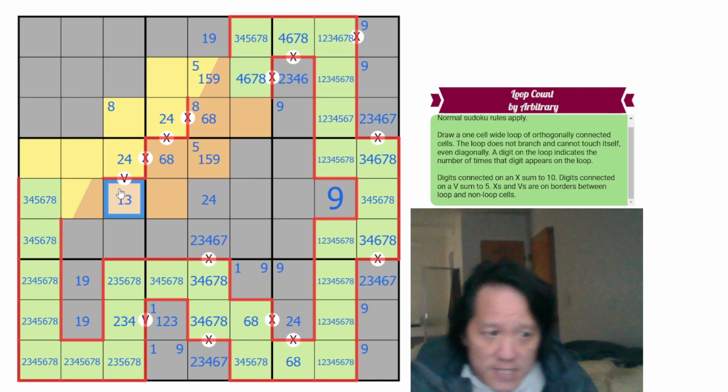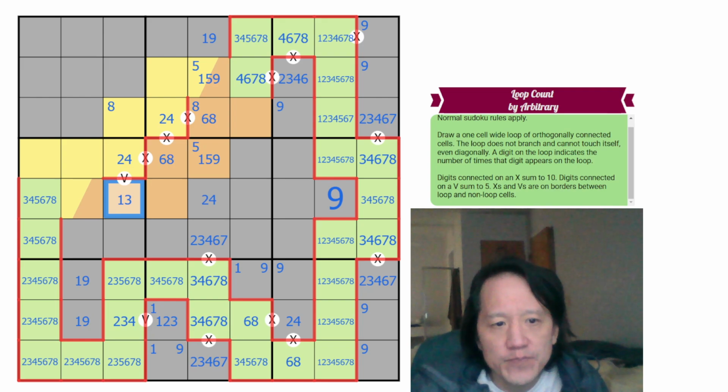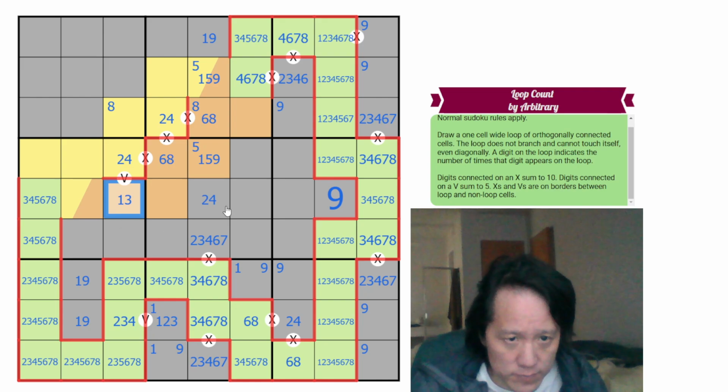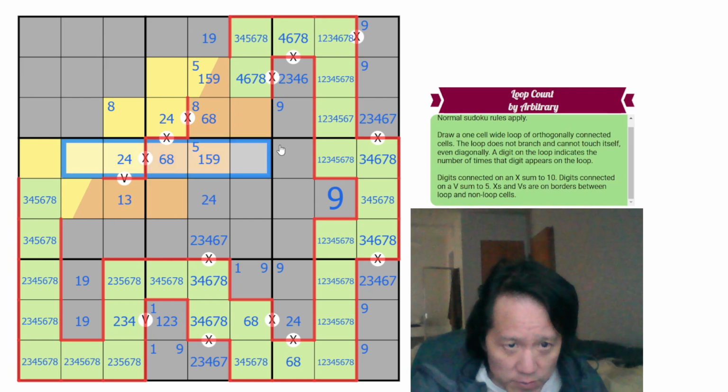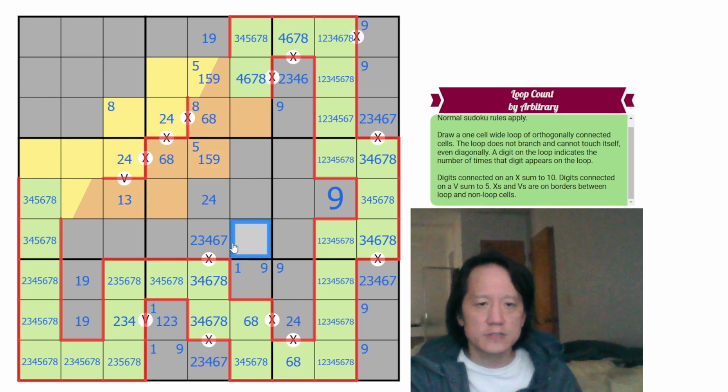Maybe. Let's see. So either this is 8 or this is 8. They don't see any other cells. Yeah. Let's see.